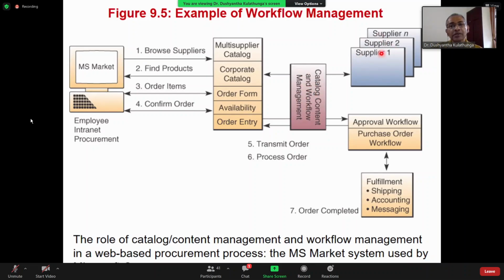It may access supplier information which is available from an internal source or an external source. Supplier catalogs and corporate catalogs are specified here. If it is an external source, it will have to connect with the external sources and get the information back to the employee. Accessing content and catalog management software is required to display the necessary content, because content is displayed with the help of this particular software.